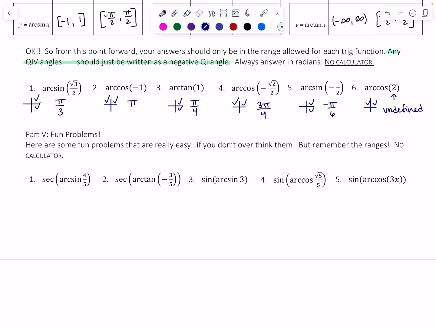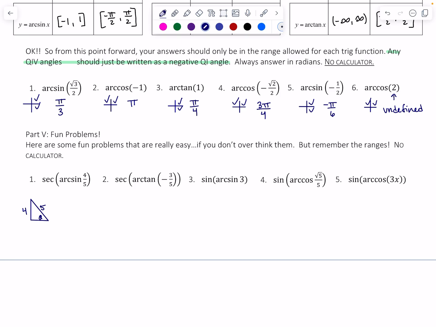So we're taking the secant of arcsine of 4 over 5. It's the arcsine of 4 over 5, meaning there's going to be an angle here, so I'd have to actually draw our triangle. It's going to be sine, so opposite over hypotenuse.